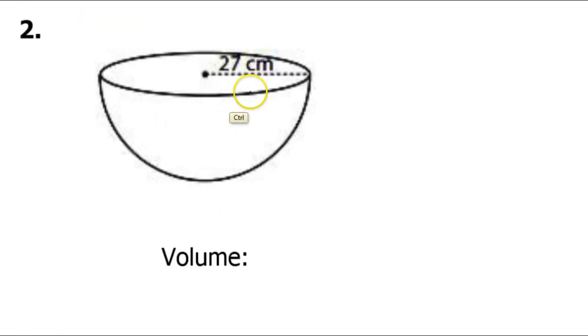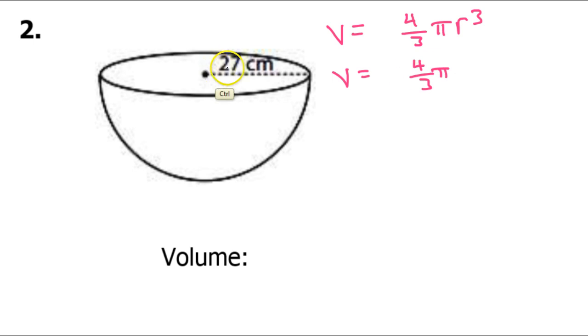For problem number 2, this is half of a sphere. So look, if I were doing the volume of a whole sphere, it would be 4/3 pi times the radius cubed. Maybe I'll just write down the formula: 4/3 pi r cubed. So that would make this 4/3 pi times 27 cubed.